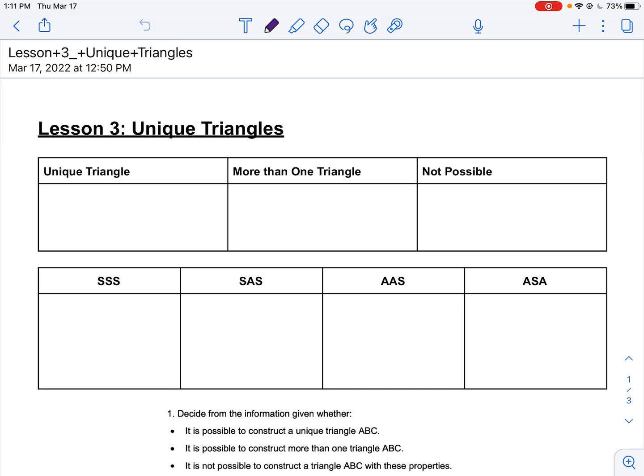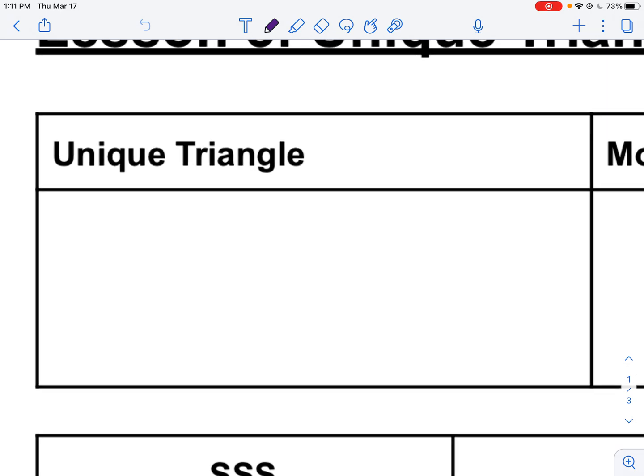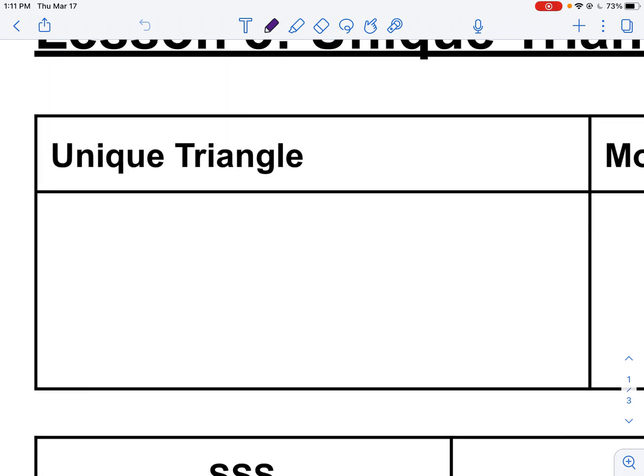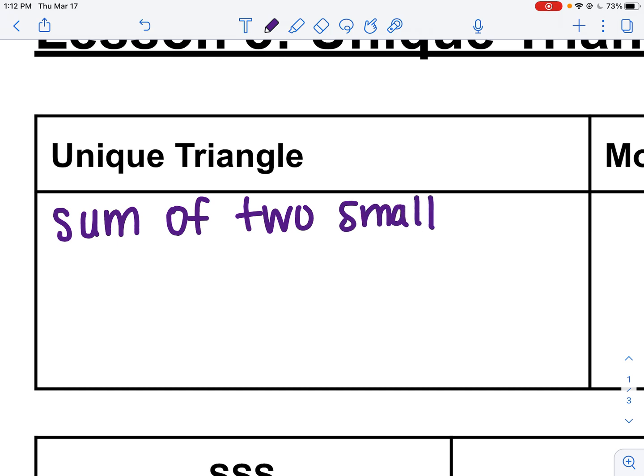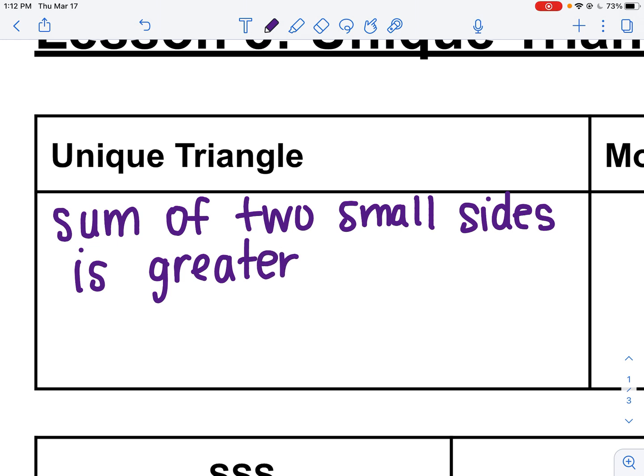And you're probably thinking, well, I don't really understand what those things mean, so let's define each of them. In order to label a unique triangle, you are going to have to find the sum, so add together the two small sides, whatever measurements are the smallest, and it has to be greater than the third side of the triangle.